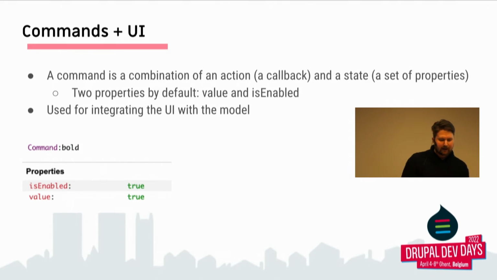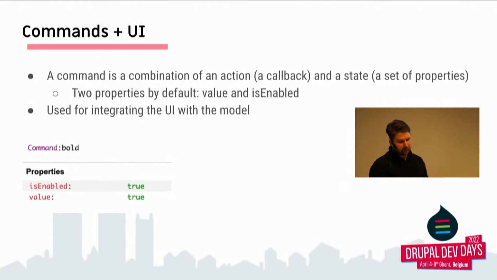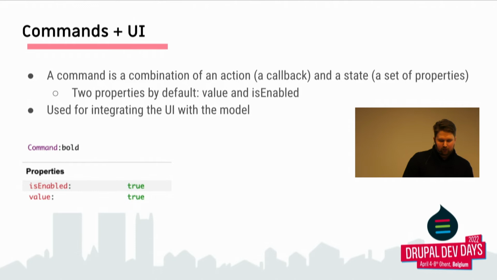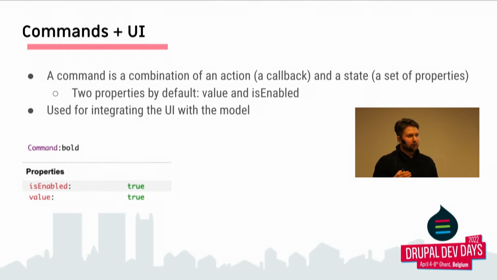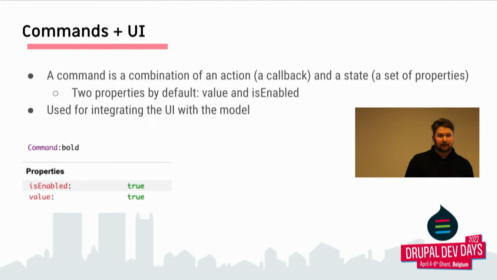If the bold command can be executed on the current selection, isEnabled is true, so that's what we have here. If it cannot be executed on the current selection, isEnabled would be false. So isEnabled would be set based on whether you have something selected that could be bolded. For example, if the selection currently is an image element, it doesn't make sense to allow making that bold.